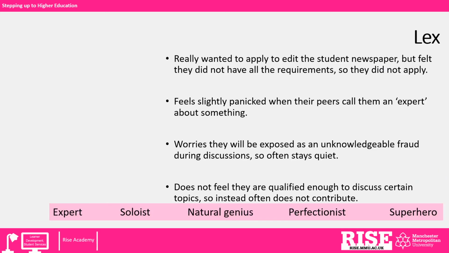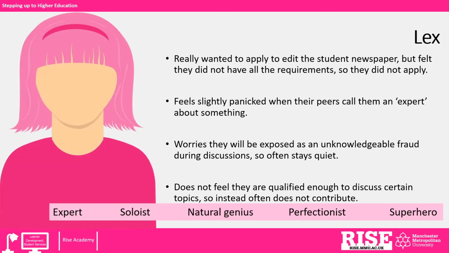And next we have Lex. Lex really wanted to edit the student newspaper, but felt they did not have all the requirements, so they did not apply. Lex feels slightly panicked when their peers call them an expert about something. Lex worries they will be exposed as unknowledgeable, a fraud during discussions, so often stays quiet.